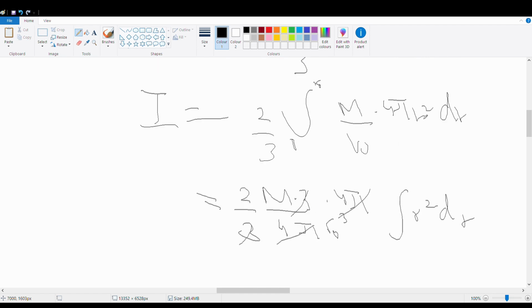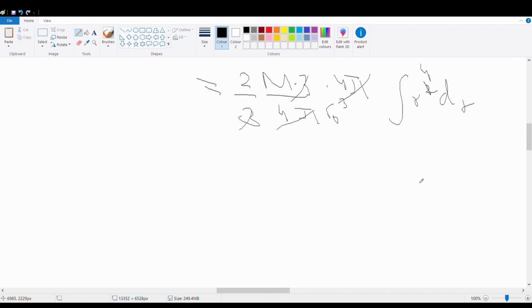There's already an r square in here, so it will actually be r raised to 4 dr, with 2m out front.